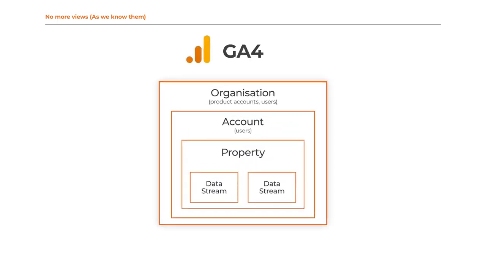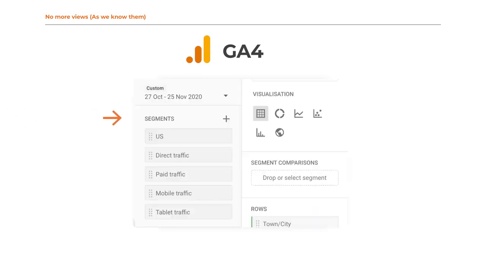In GA4, you no longer have an option to create views, but instead there are different ways of creating segments, such as using the explore section, which used to be called the analysis hub, or you can create segmentation using the segmentation feature, which allows you to narrow down on the data that really interests you.